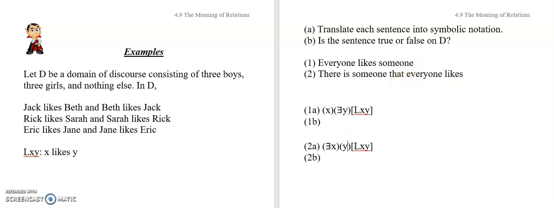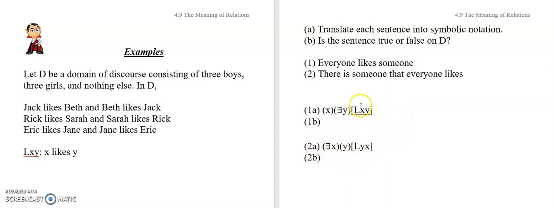Everyone likes. So it's going to be, there exists an X such that... It's going to be like this. There exists an X. There's at least one person that everyone likes. There's one person that's being liked by everyone. Okay.